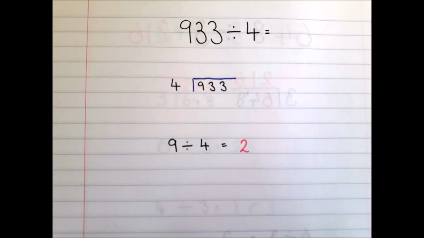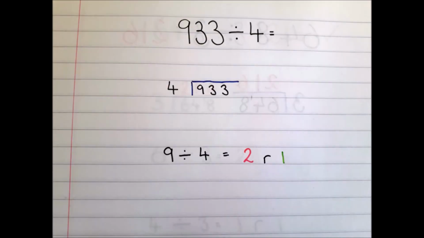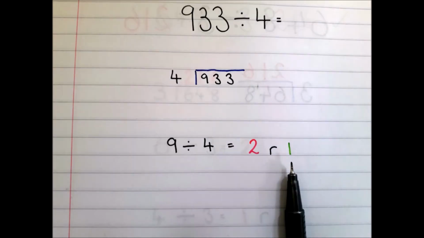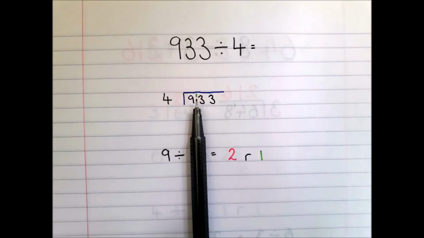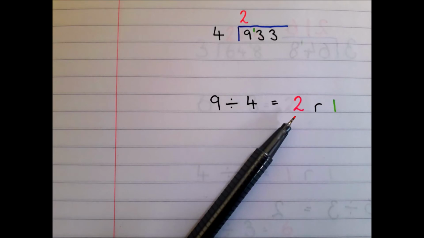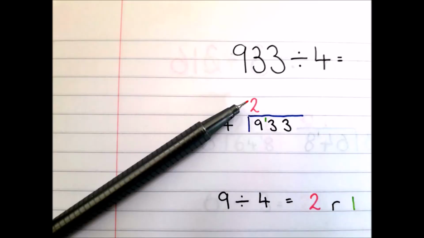So that means that 9 divided by 4 is 2 with the remainder 1. Don't forget this 1 here, we're going to put in front of the 3 in the middle, turning it into 13. And the 2 goes directly above the number 9 at the top of the bus stop.